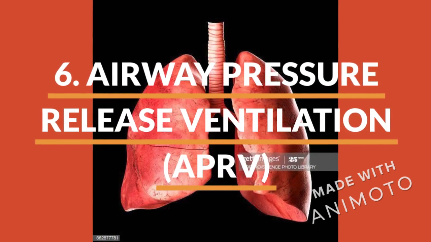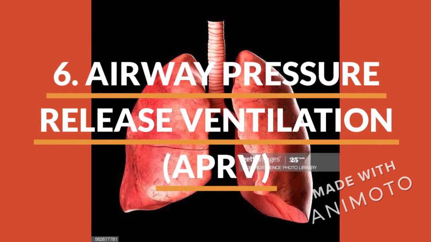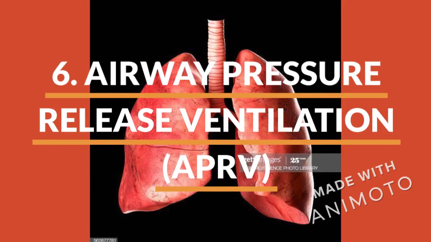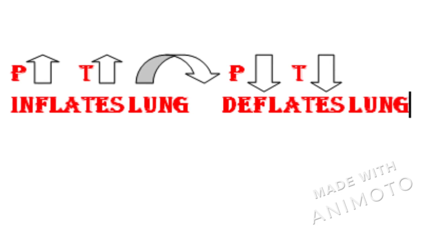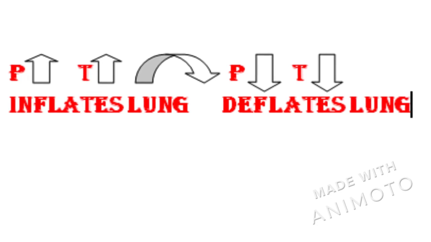Next mode is airway pressure release ventilation, APRV. In APRV, high continuous positive airway pressure, P-high, is delivered for a longer duration, T-high, and then falls to a lower pressure, P-low, for a shorter duration, T-low.